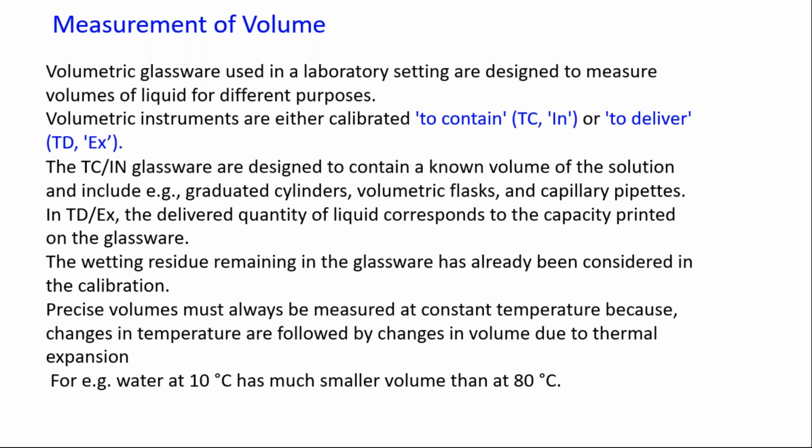For example, water at 10 degrees centigrade has a much smaller volume than water which is at 80 degrees centigrade, to show you that the volume varies with temperature. So any measurement you make in terms of volume, indicate the temperature at which it was measured.